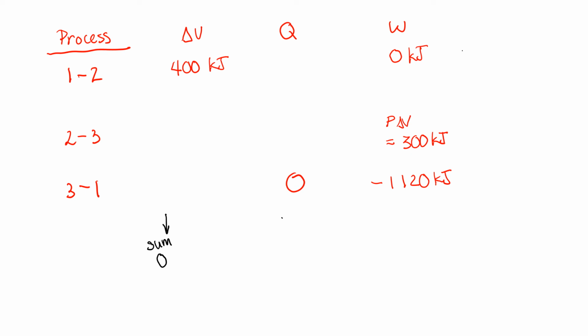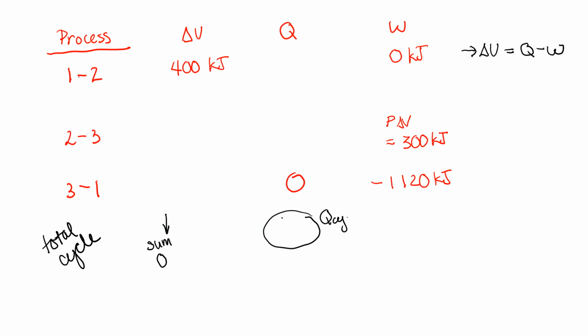We also know that for each process, all of the change in energy is the change in internal energy, and so for each step, delta U is equal to Q minus W. And finally, for this entire cycle, the Q of the cycle is going to equal the work of the cycle.